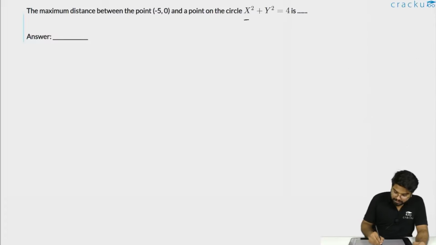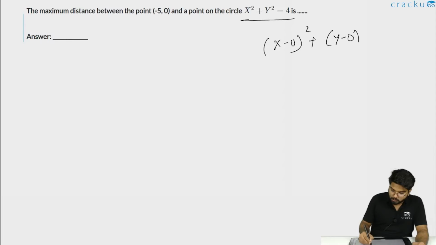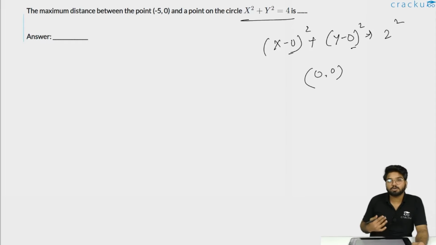So if we compare the equation, I can write (x minus 0) squared plus (y minus 0) squared is equal to 2 squared. Now 0 and 0 refer to the coordinates of the center, and this 2 is equal to the radius. So radius will be 2.